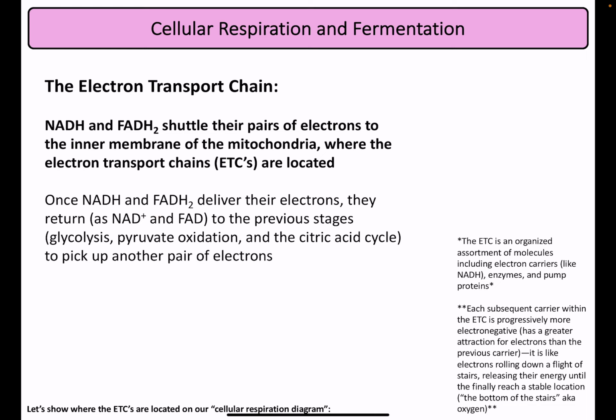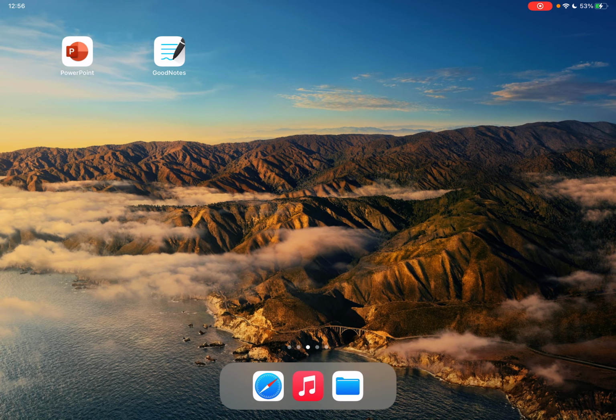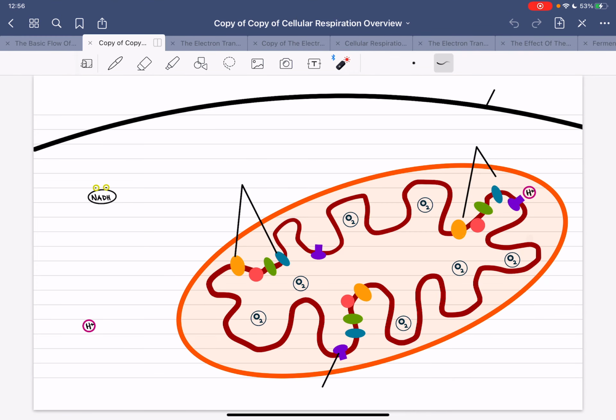First thing we want to do is go to our cell diagram, specifically focusing on the mitochondria. And I want to fill in some parts here. This is our cell membrane in black. Now again, we're just focusing on a specific part of the cell as it relates to the mitochondria.